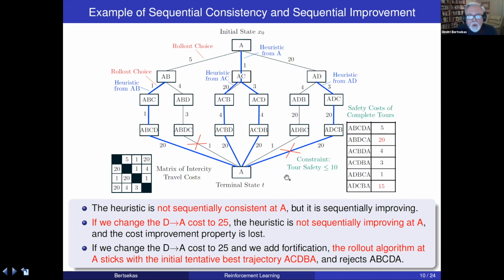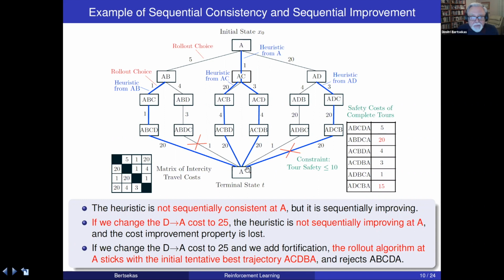So that goes back to the question that was asked by one of you. I'm not sure who that was. What happens if the heuristic is not feasible from the initial state? Well, you have to assume that to prove anything. And if that is assumed, then by fortification, you're guaranteed to get a better or no worse trajectory than the one that the heuristic generates from the initial state.